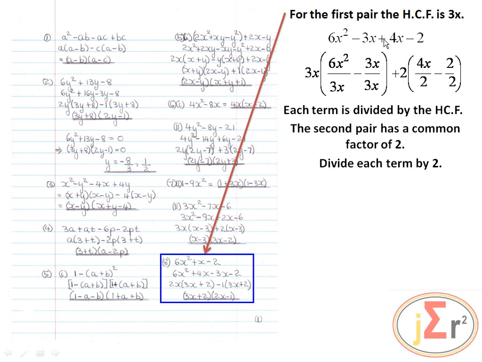When the second pair begins with a negative term, we use a negative sign in our highest common factor. Now that it begins with a positive sign, we should have no reservation using a positive sign in our highest common factor of those two numbers, which represents, of course, the second pair.